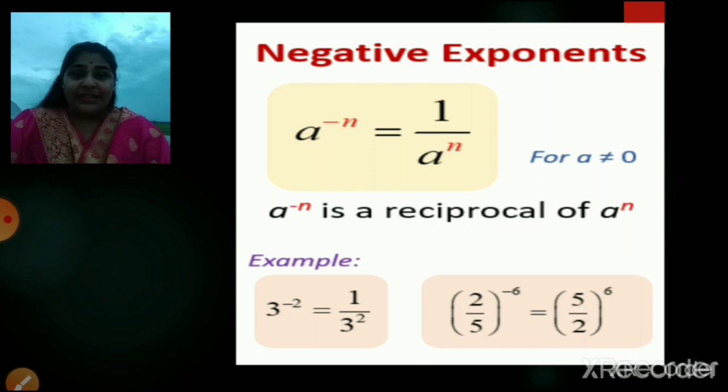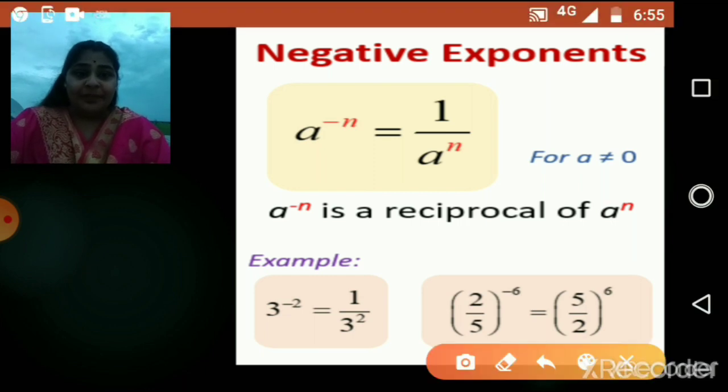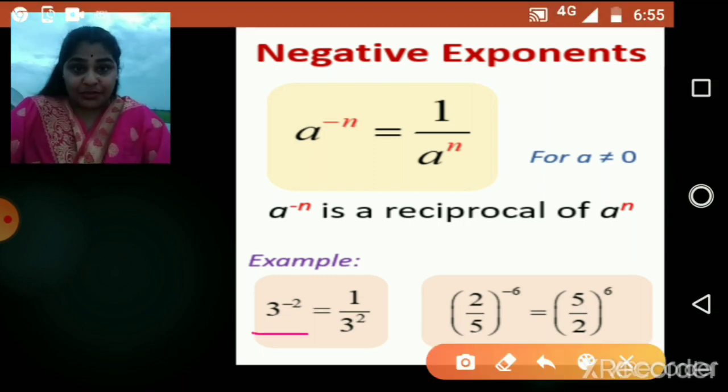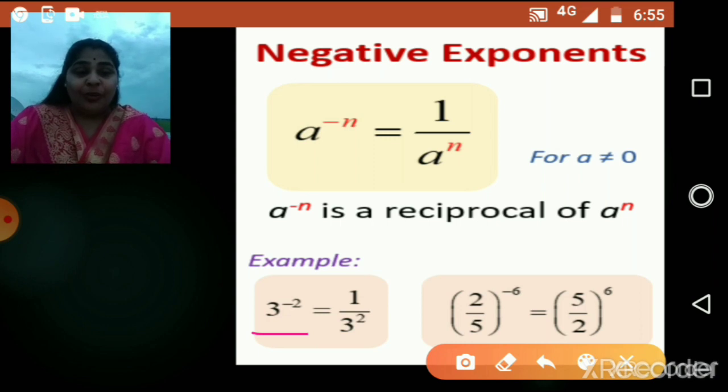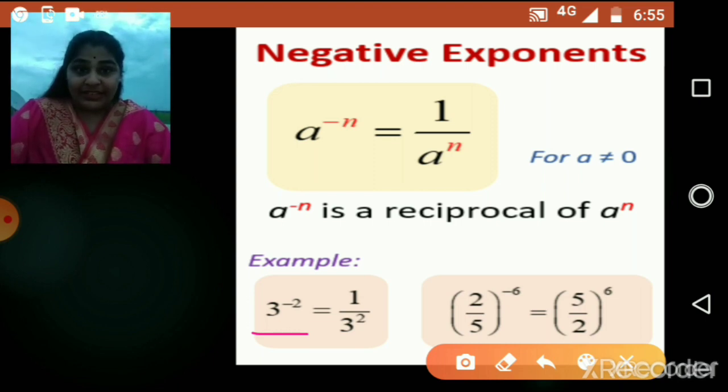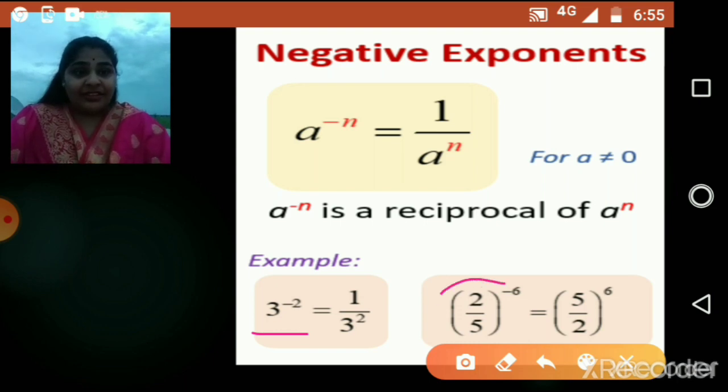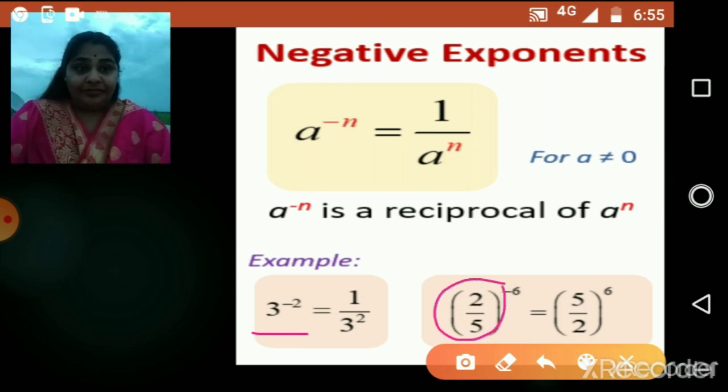Here a few examples are given. You can see here 3 raised to negative 2 is equal to 1 upon 3 raised to 2. Again 2 upon 5 whole raised to minus 6 is equal to, now this 2 upon 5 will become 5 upon 2, the reciprocal, right?